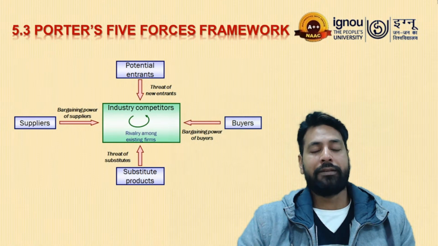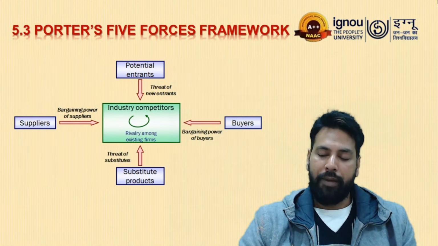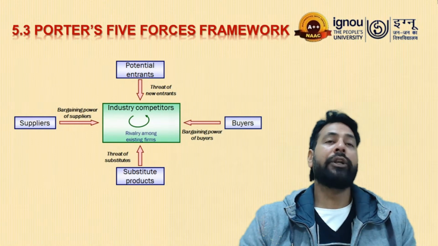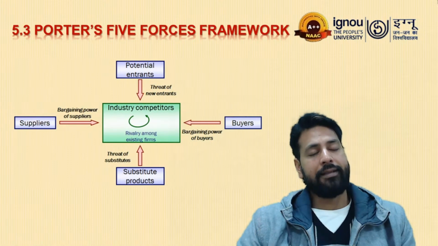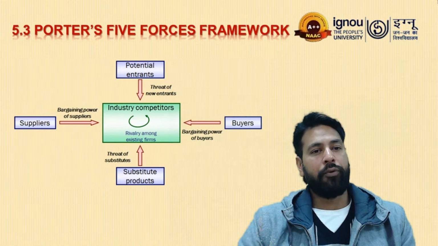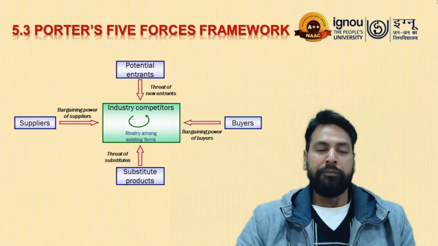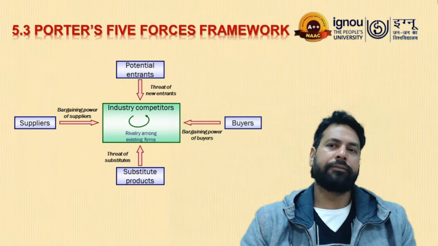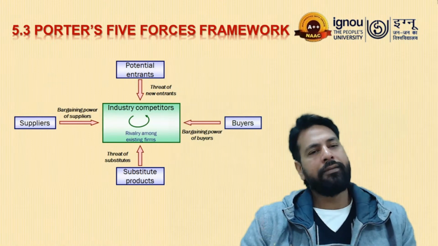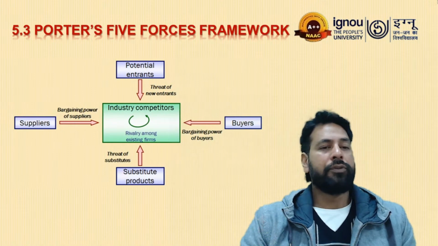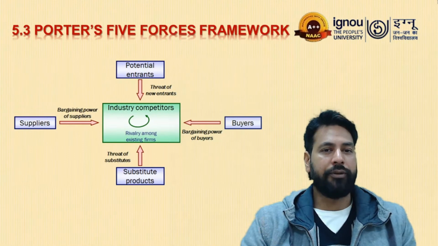There are very few selective suppliers. So he might ask you for more money. He might not give you your raw material on time. These things also play a role, because if he's asking more money, you might have to reduce your profit or increase the price because the raw material price has gone up. If he's not giving raw material on time, you might have to stop your production, and that will hamper your business.